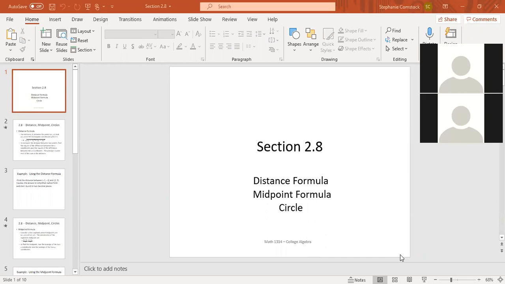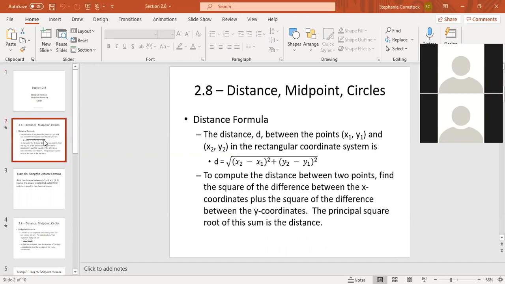Okay. So we're going to deal with the distance formula, the midpoint formula, and then we're going to talk about circles. First up is the distance formula. I'm actually going to show you where this comes from as a process, just so that you're aware, but it also gives you another option for how to work through this.